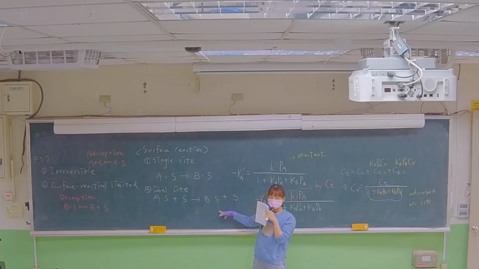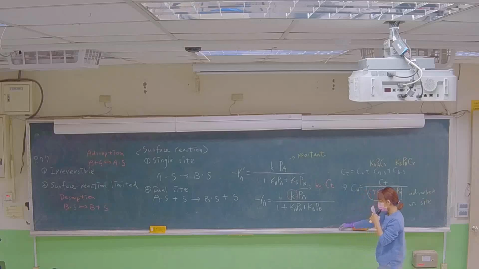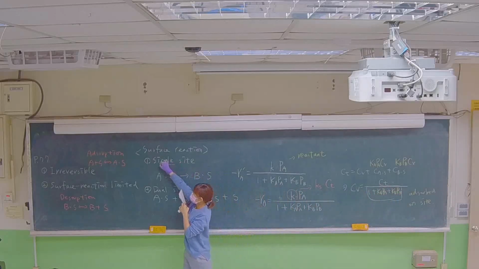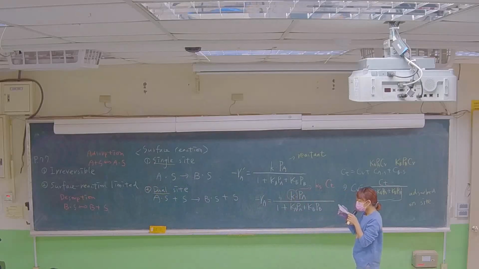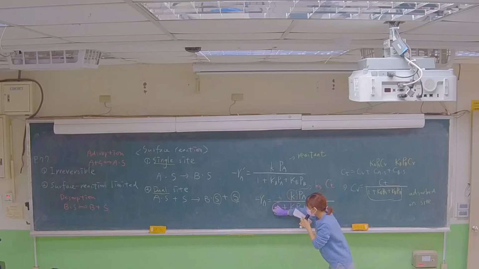So this one cannot be the same as this one. What is the different part? This is the single site. This is the dual site. So additionally for dual site surface reaction, that means there are 2S, right? For this kind, for 2S, you have to put this one.